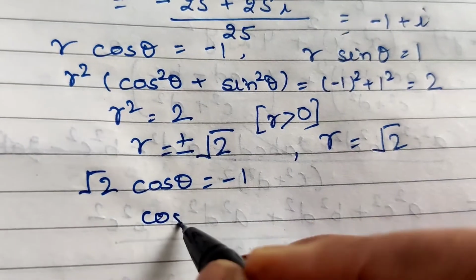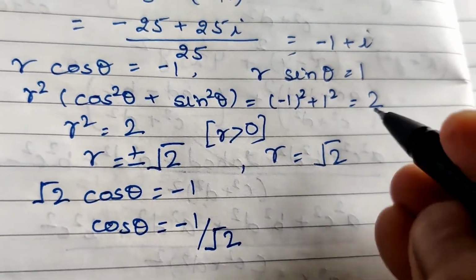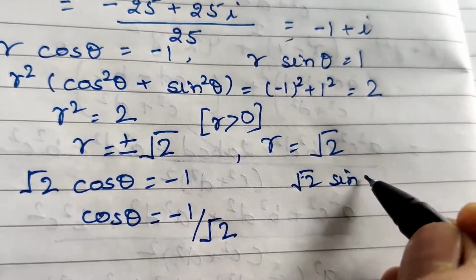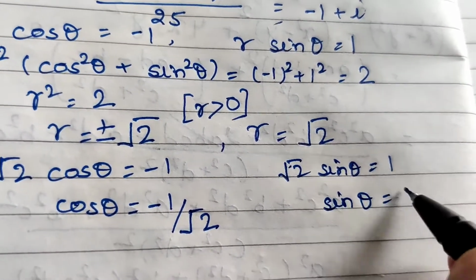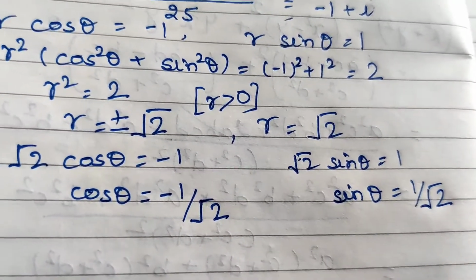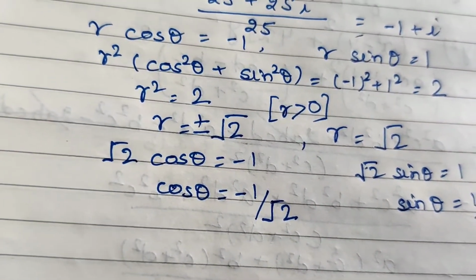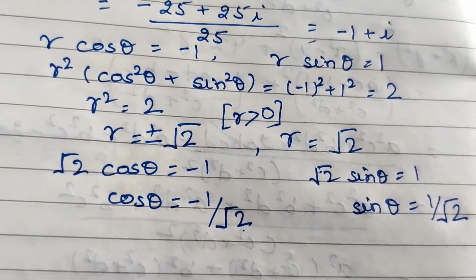Now put r equal to root 2 in r cos theta equal to minus 1. Therefore cos theta equal to minus 1 by root 2. And the same with r sin theta: root 2 sin theta equal to 1, then sin theta equal to 1 by root 2. So r is root 2, and if cos theta is negative and sin theta is positive, theta lies in the second quadrant.